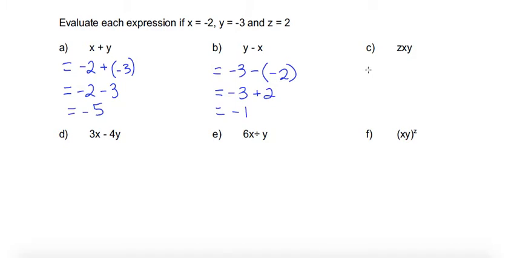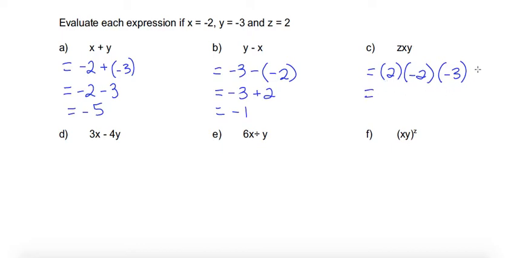In part C, I have z, x, y. Because there is no operation between all of these letters, it's multiplication. So I'm going to take my value for z, which is 2, my value for x, which is negative 2, and my value for y, which is negative 3, and I'm placing those all in brackets to show that I'm multiplying those three numbers together.